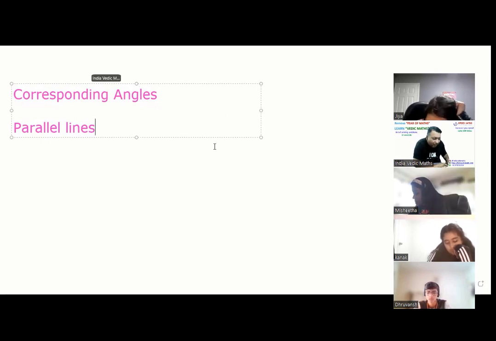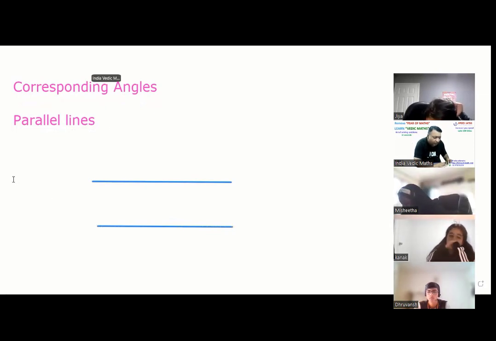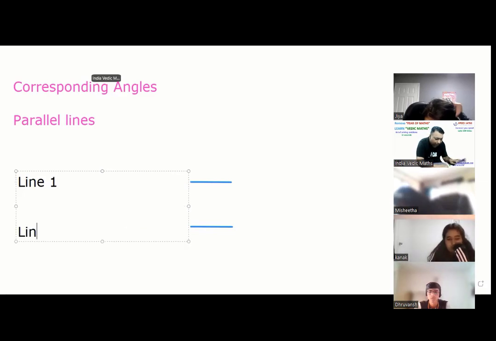Let's understand now. Let's say my line 1 and line 2 are parallel. Write down exactly what I'm writing. Line 1, line 2. Okay?